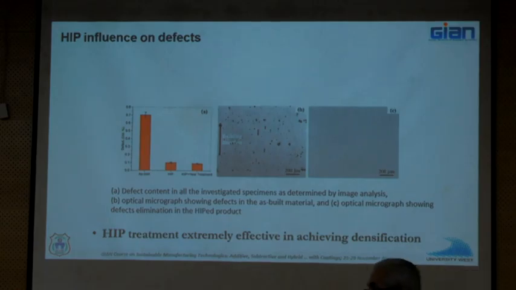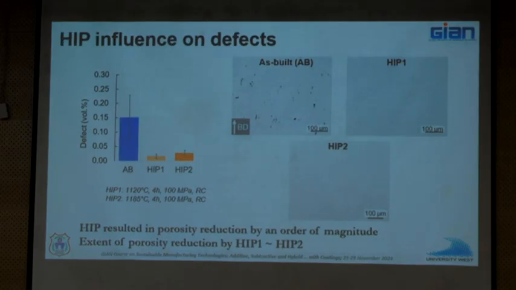If you're talking about aerospace, they will say that's a lot, right? We can't deal with that, especially for some rotating parts, etc. We don't want 0.7%. In that case, this becomes unavoidable. Then we do HIP, right? But the take-home message is that HIP is extremely effective to get rid of any kinds of pores and defects, right?